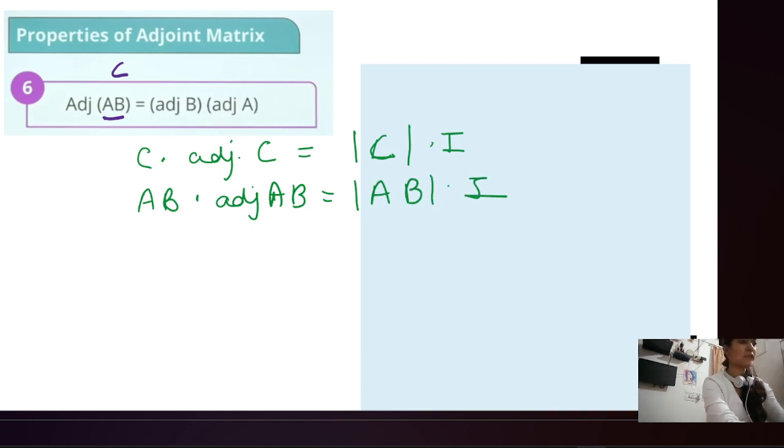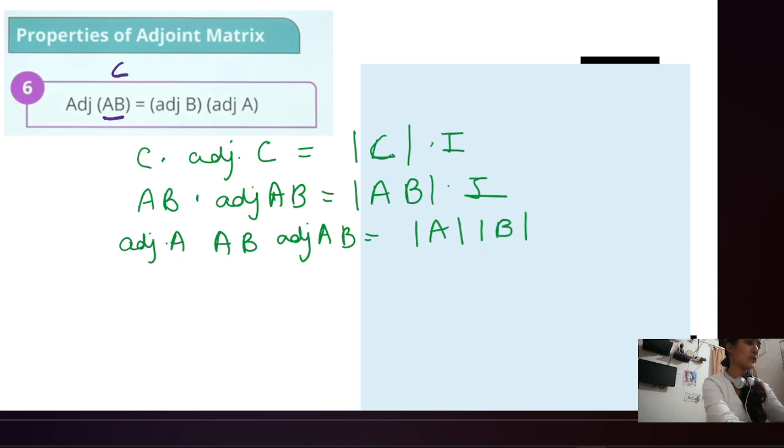So from here, multiply adjoint A on both sides: adjoint of A, AB, adjoint of AB is equals to that. Okay. So we know that adjoint A times A is equals to determinant of A, I, and this B will come here.